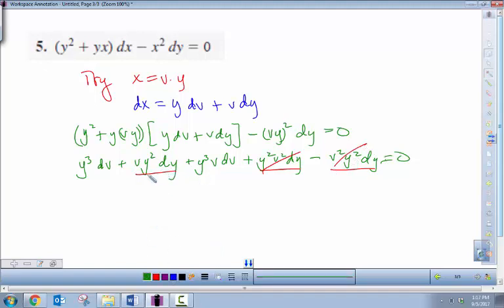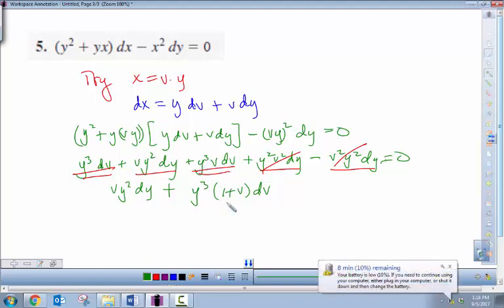So I have one vy squared dy term, and then the other term with the dv's looks like the y cubes can factor. I'm going to go ahead and do that. So I have y cubed plus y cubed times v. So it looks like this might be separable.